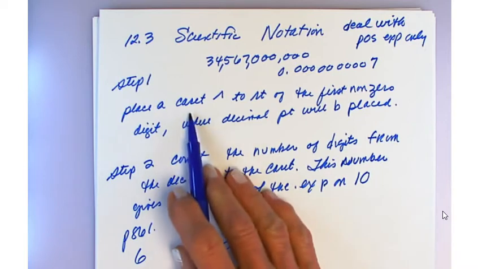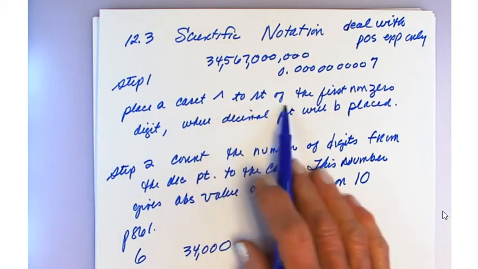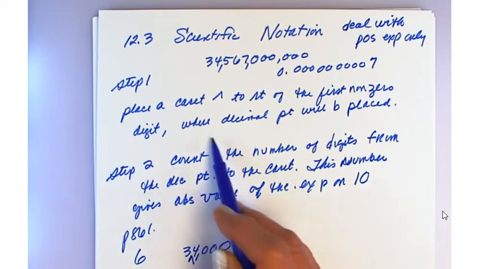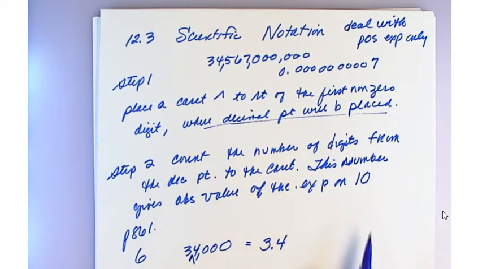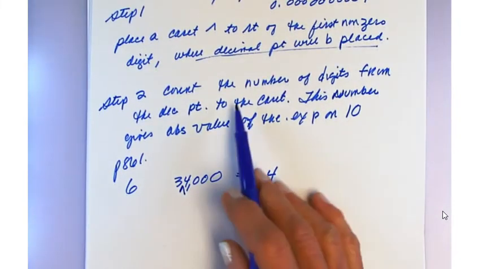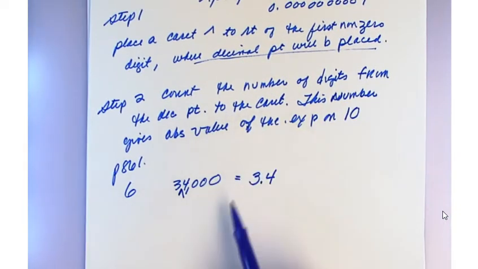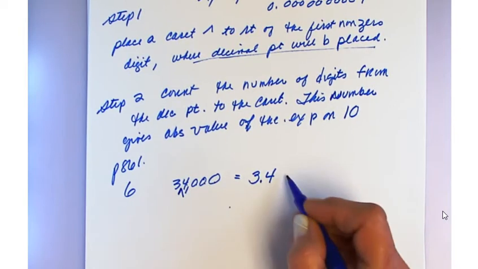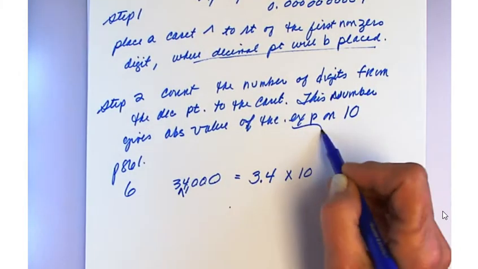Step 1, place the caret to the right of the first non-zero digit. So my first non-zero digit is 3. I placed a caret to the right, so that was step 1. And so now that's where the decimal point will be placed. And then it says count the number of digits from the decimal point to the caret. So I'm going to have 1, 2, 3, 4. And that is the exponent on the 10.